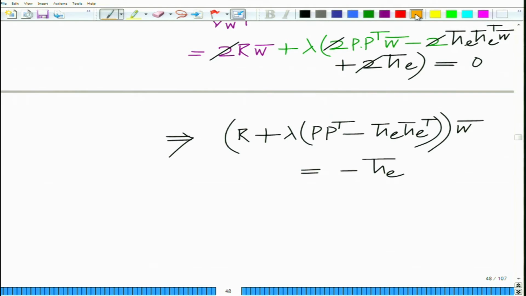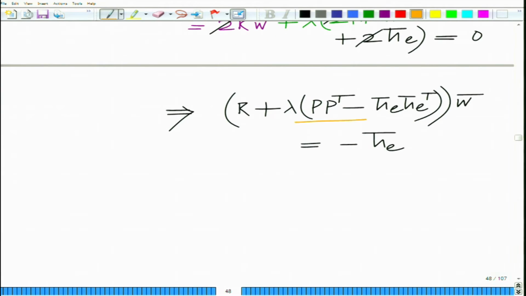Okay. And now if you set this matrix P transpose minus H bar E transpose as Q, so this implies R plus lambda Q into W bar, I am sorry, there is going to be another factor of lambda over here.